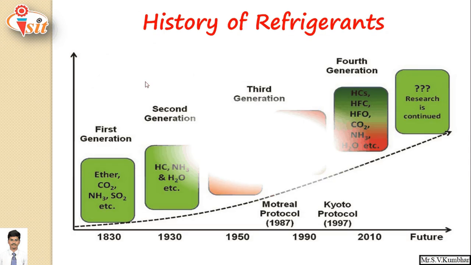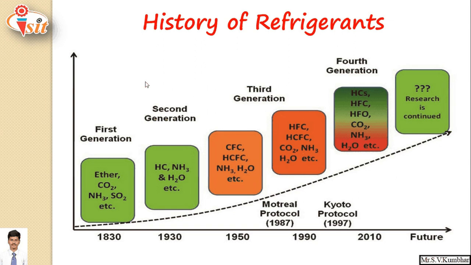Now, the history of refrigerants. The first generation refrigerants were ether, carbon dioxide, ammonia and sulfur dioxide, in 1830. As time progressed, in the second generation, in 1930, hydrocarbons, ammonia and water were used as refrigerants. After that, in the third generation, CFC, that is chlorofluorocarbon, HFC, ammonia and water were used.